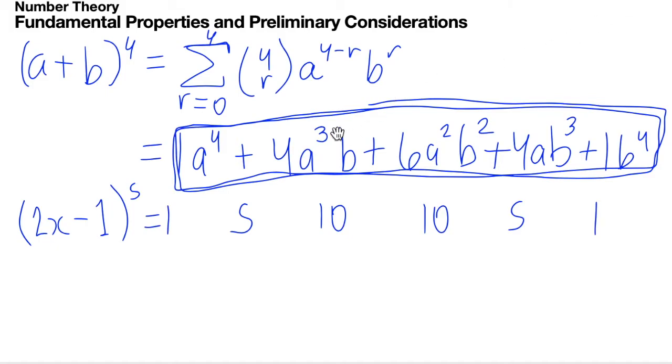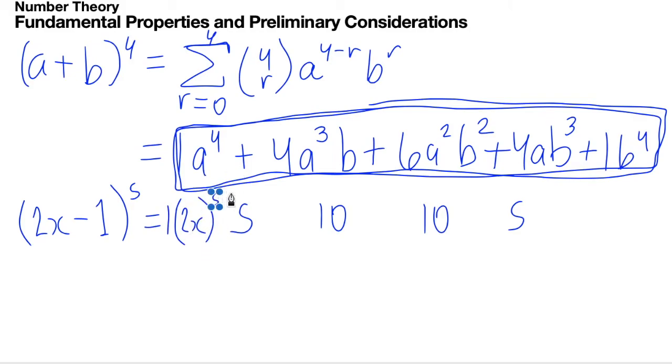And what's our a? We're not going to write simply a here because our terms are already different from a plus b. So our a, which means the first term, is 2x. So this will happen as 1 times 2x raised to 5.